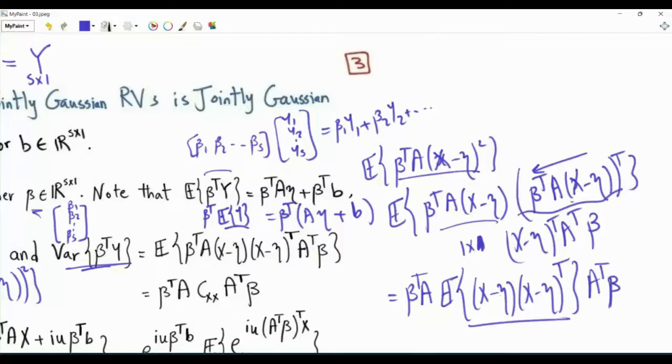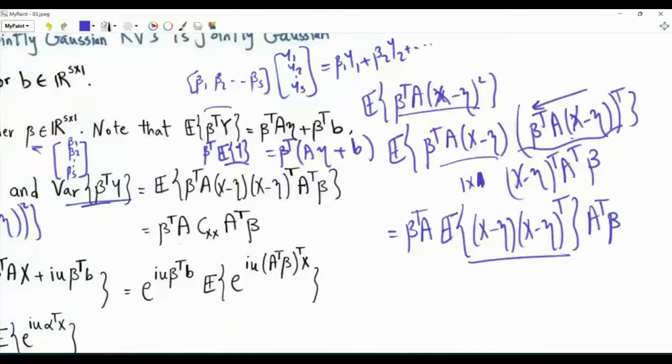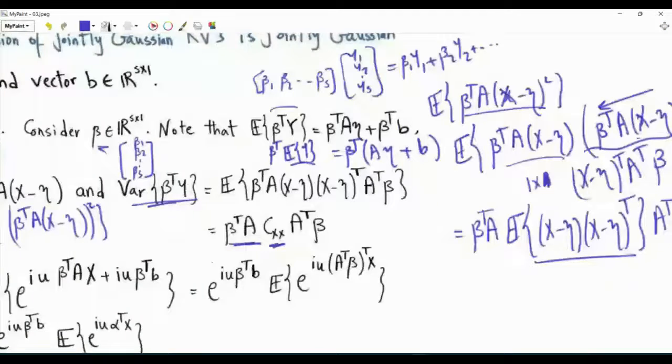This is basically the covariance matrix of random vector x, the matrix whose element k,v gives the covariance between xk and xv. Those are two of the random variables living as components of vector x. So this is basically beta transpose A, C_XX, our old friend, A transpose beta.